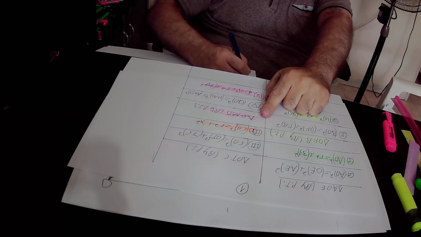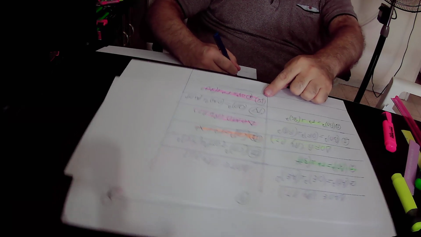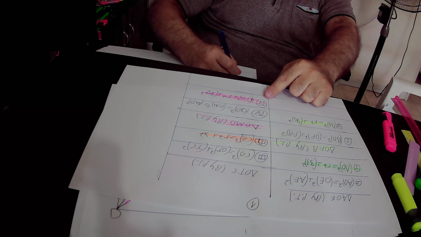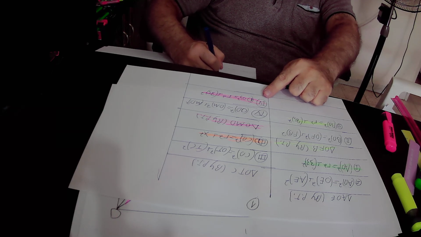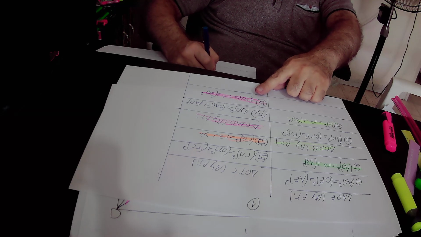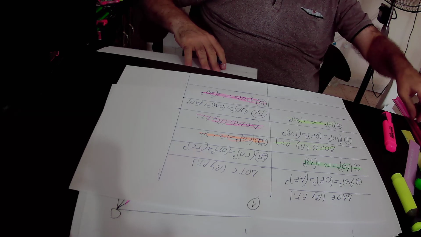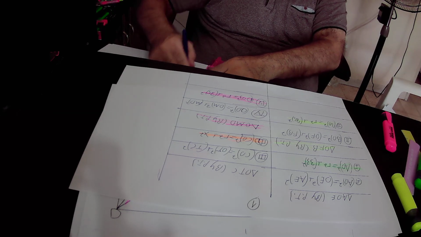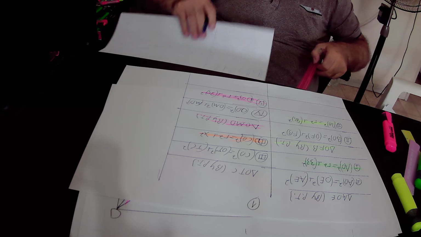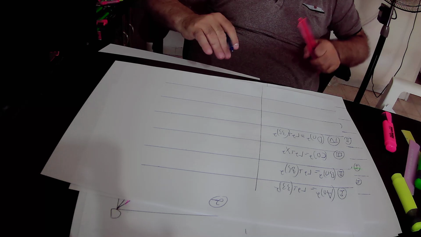And finally, according to equation number 4, DO squared equals R squared plus 35 squared. So those are the 4 equations that we got from the Pythagoras theorem.